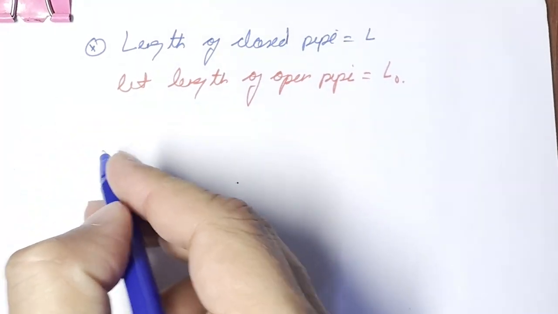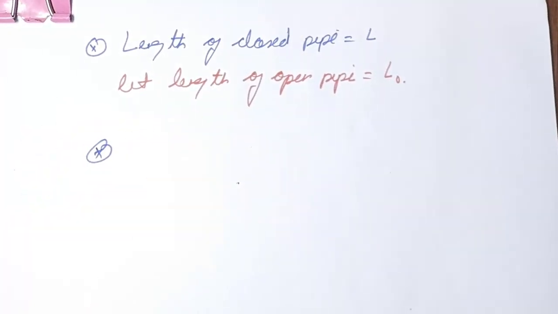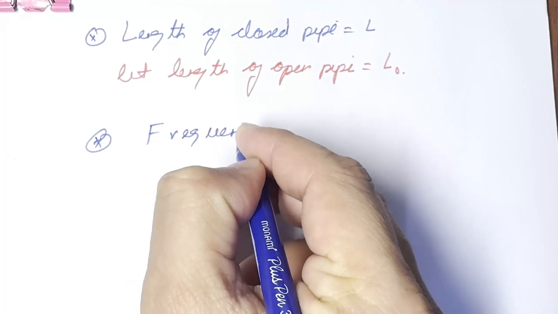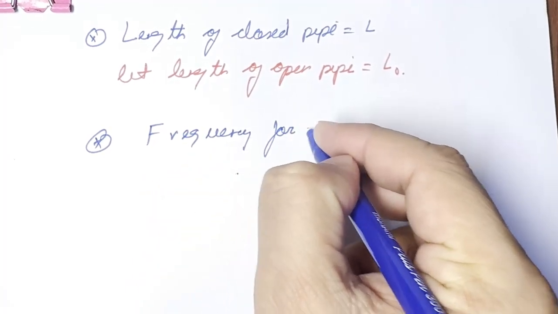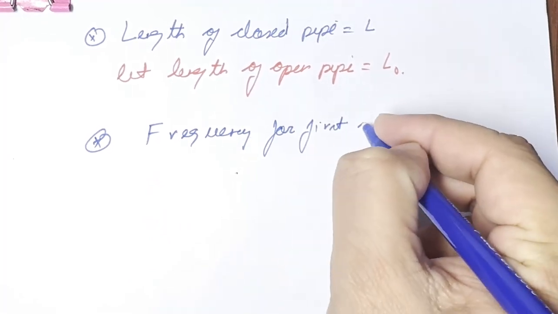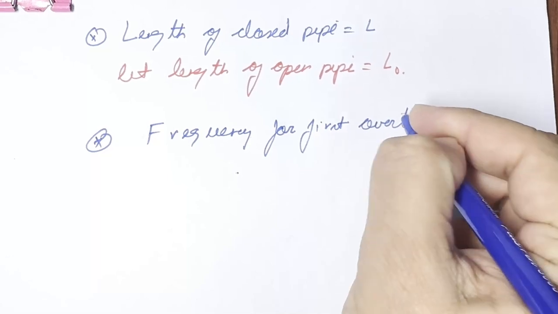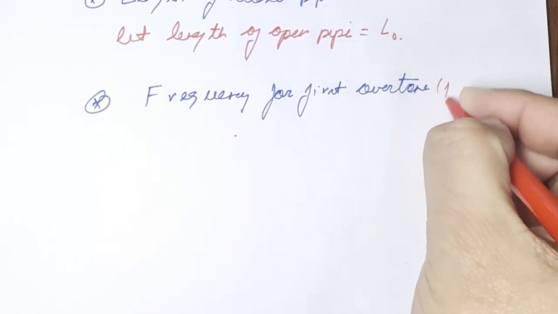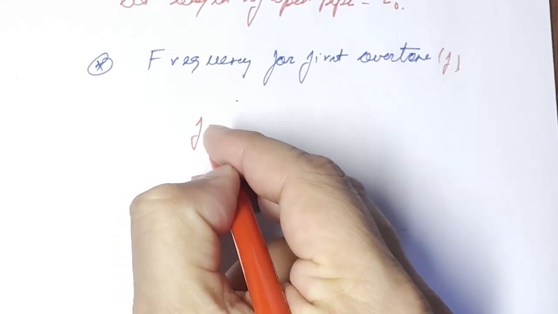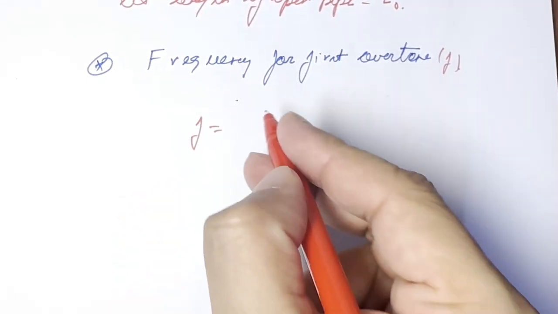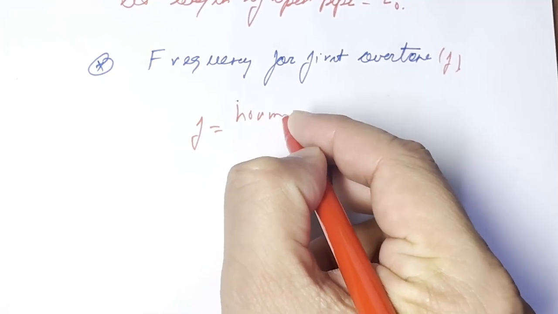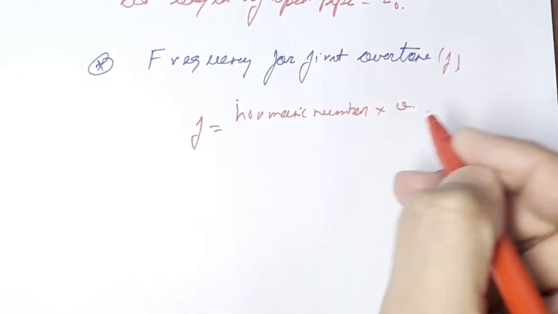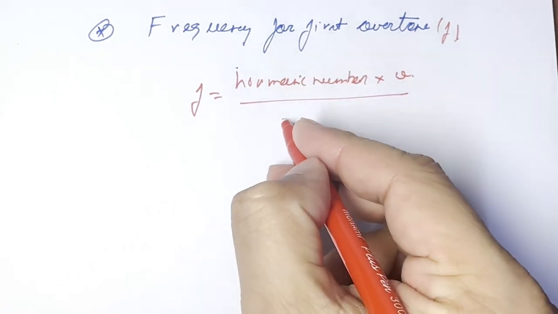So we can write the formula that frequency for first overtone, if it is represented as F, then F will be equal to harmonic number multiplied by velocity and divided by wavelength.